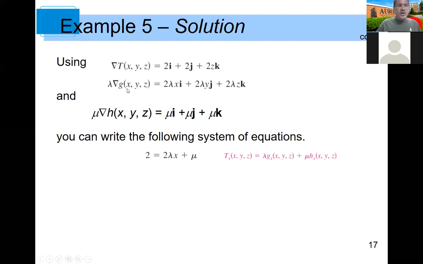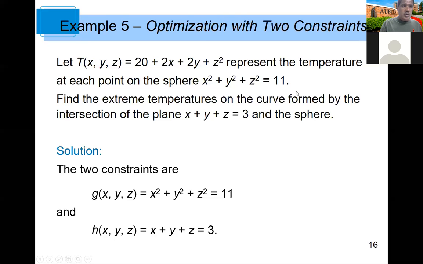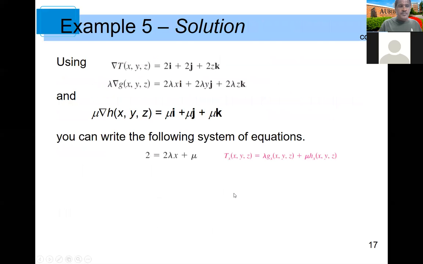Del of g of x, y, z times lambda, of course. As you know, it is fx, fy, fz. Fx is 2x, fy is 2y, fz is 2z. But we have to multiply by lambda. So it will be 2 lambda x i plus 2 lambda y j plus 2 lambda z k, okay?